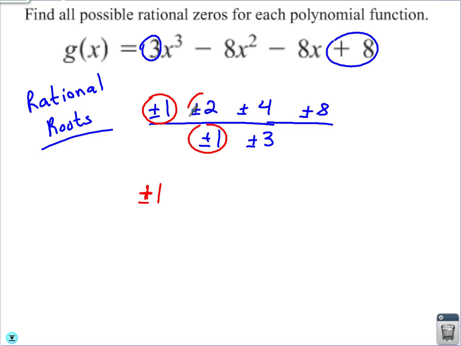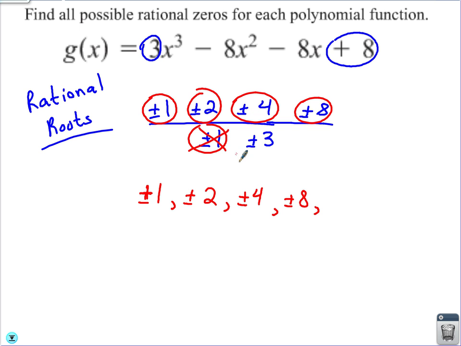1 over 1, now let's go to 2 over 1. We'll put commas. 4 over 1. And 8 over 1. That's 8. Go through it, start over again. We've used all these. 1 over 3. 2 over 3.